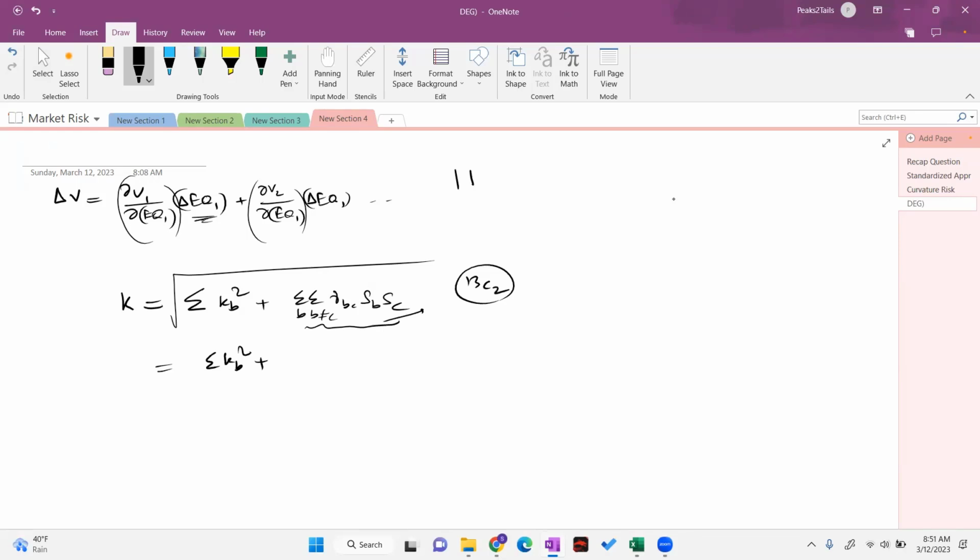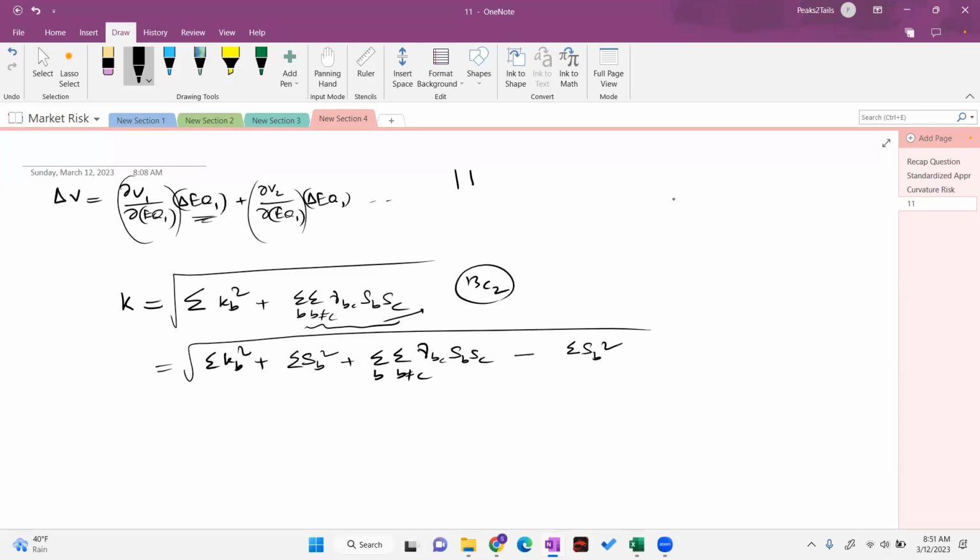But the easy way is, I did this. I added a sum of SB square, which you don't need to calculate, but I added it and subtracted it.